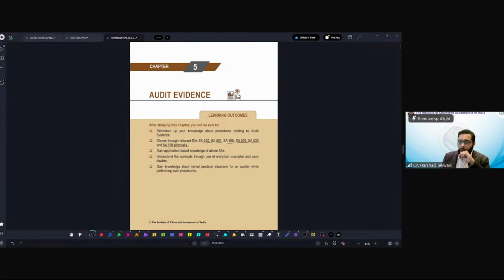No issues. So let's proceed with the first one, which is SA 500, basically audit evidence. It is a standard which talks purely about audit evidence in detail. It explains what is sufficient and appropriate audit evidence, how to gather that, and what the specific requirements are with respect to this.